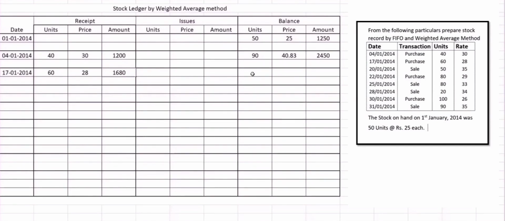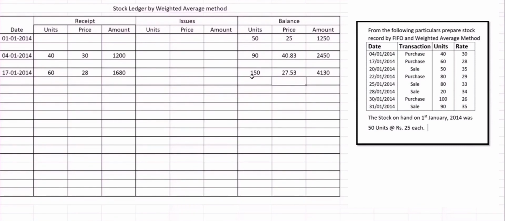Now we are having 90 units which is opening stock for today, and today's got 60 units. So total units we are having is 150 units. After that we are going to calculate cost per unit. So cost per unit formula for the same is 4130 divided by number of units, that is 150. So cost per unit is coming as 27 rupees and 53 paise.